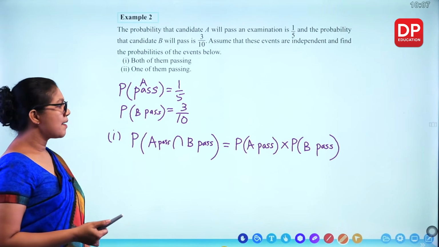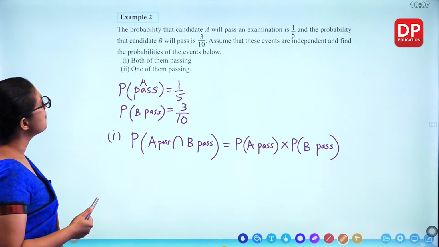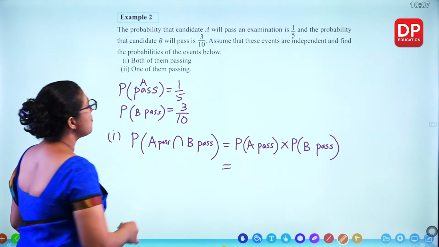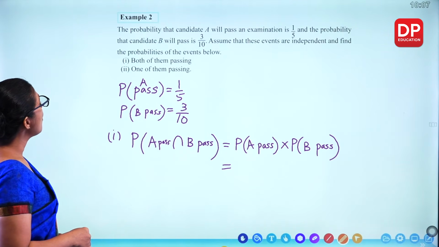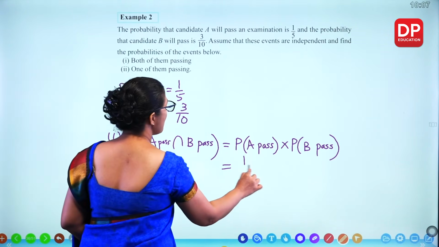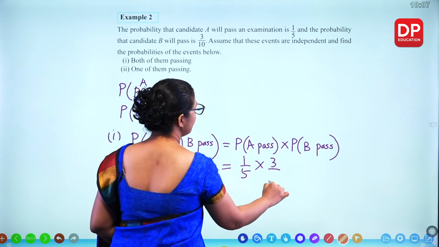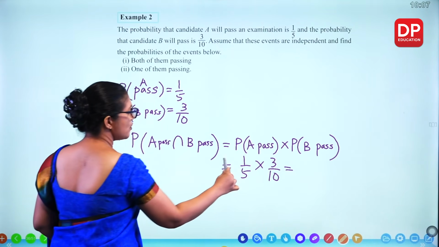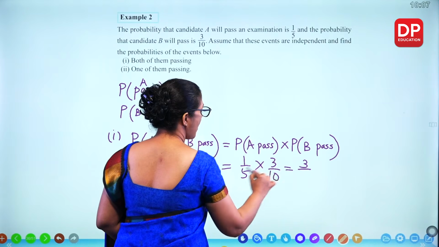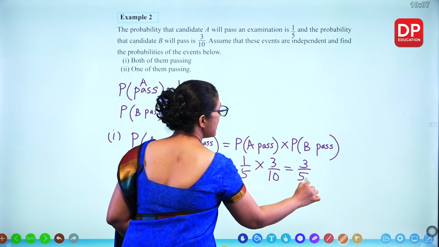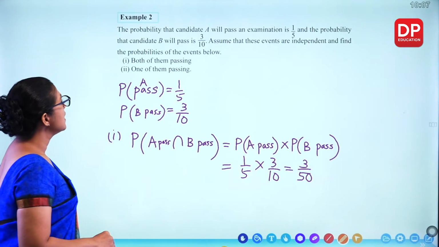B passing the exam and A passing the exam. What's the passing probability for A? That's 1/5. Passing probability for B is 3/10. When you multiply, you get 3 over 5 times 10, which is 50.